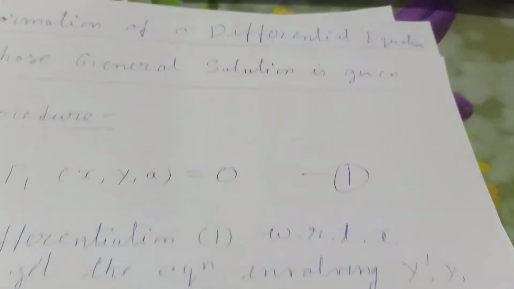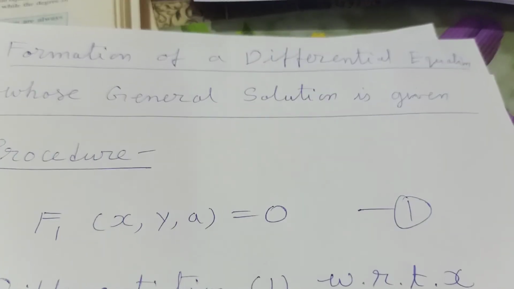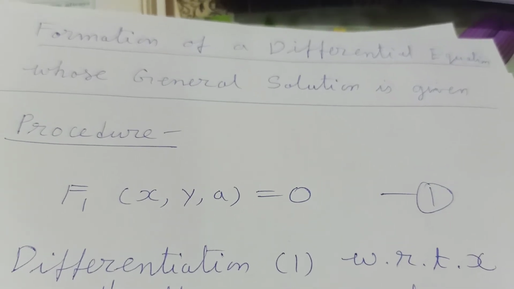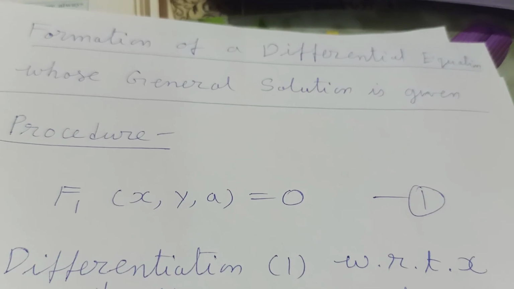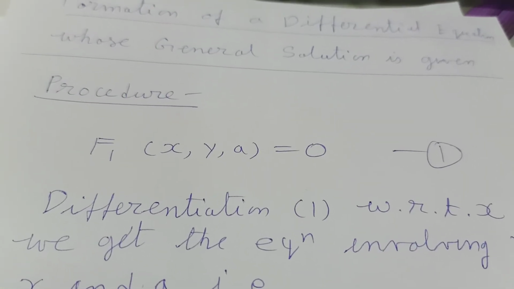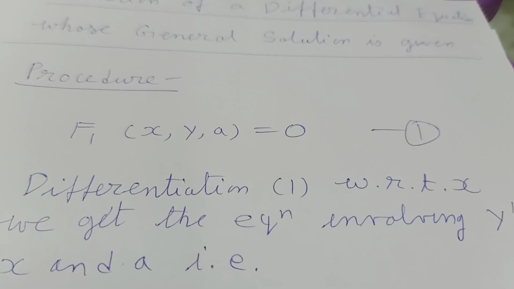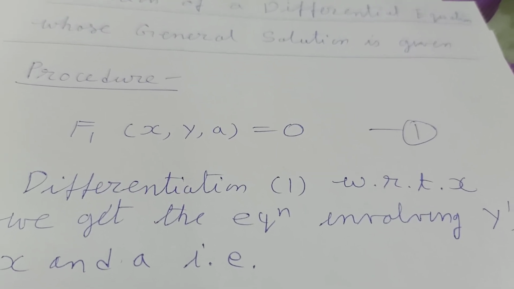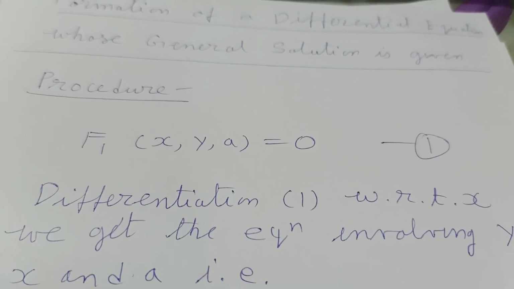Now we will discuss the formation of a differential equation whose general solution is given. From the general solution we will form a differential equation. Now suppose the general solution is in the form f1(x, y, a) equal to 0, that is, a function of x and y which involves an arbitrary constant a or parameter a.